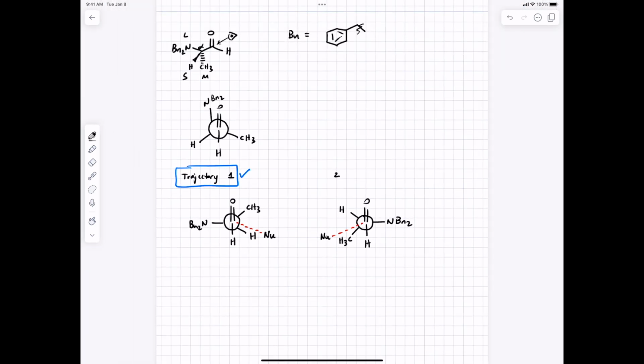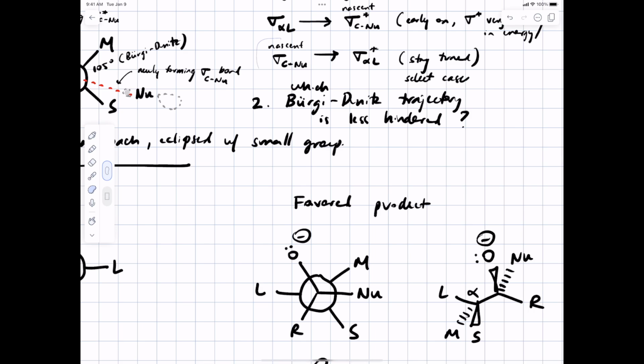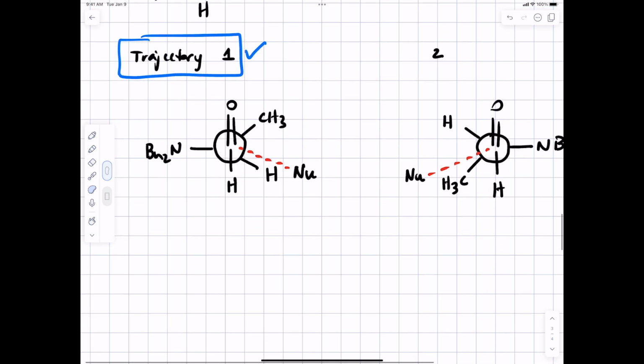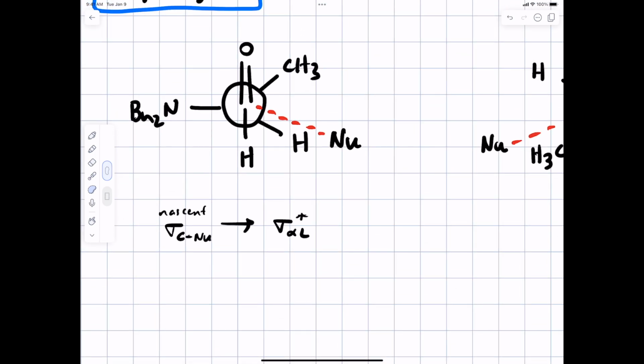And going back above, do you remember I said that another option you can consider is an interaction between, not the sigma bond and the sigma star of the nucleophile, but actually the carbon nucleophile nascent sigma bond and the sigma star between the alpha carbon and the large group? Okay?